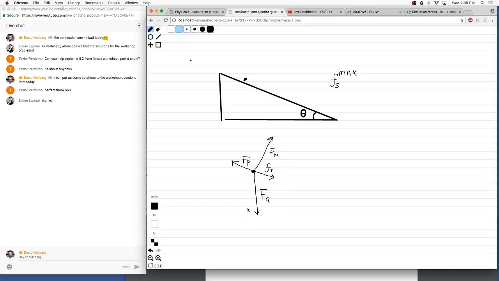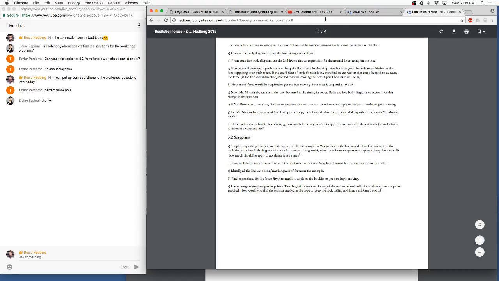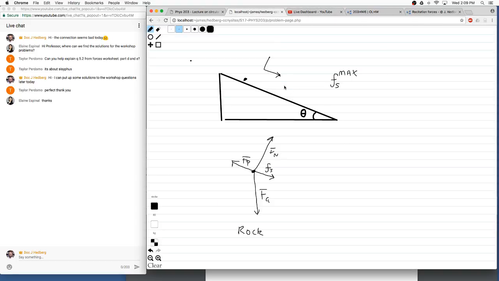Okay, so this would be the free body diagram of the rock. Now, did I label any axes yet? No, I didn't. So I can call this plus y, and let's call up the ramp plus x.